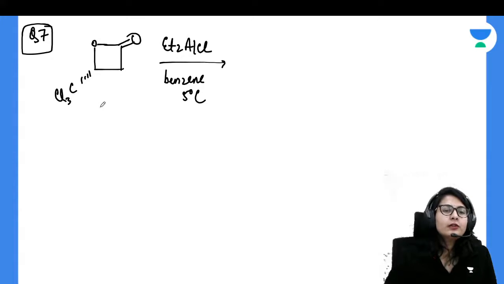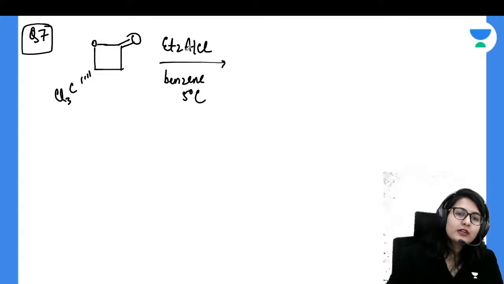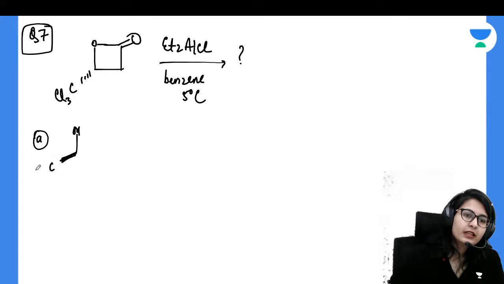You have this molecule, a four-membered lactone system, with AlCl3, that is your Lewis acid. What is going to be the major product? Options are like this. CCl3 is going above.